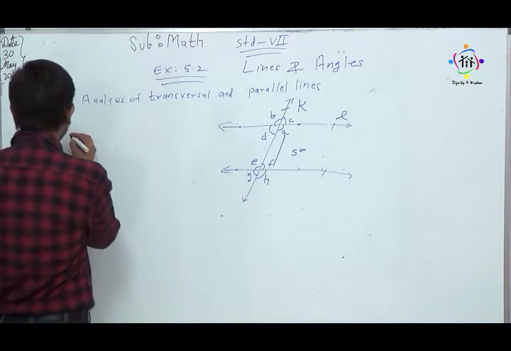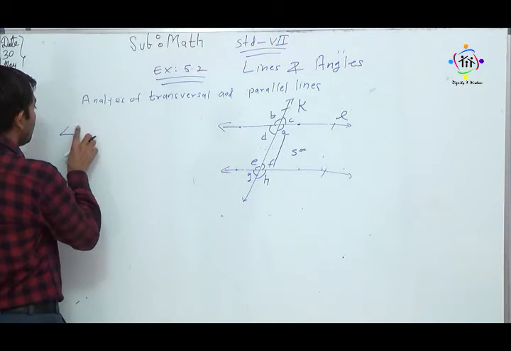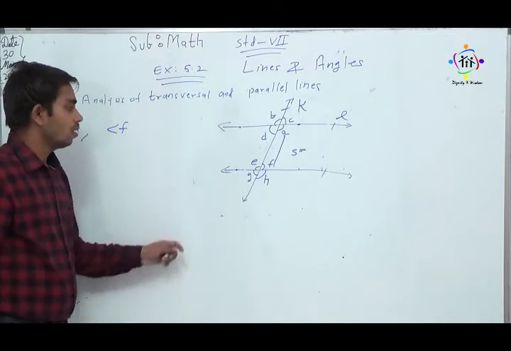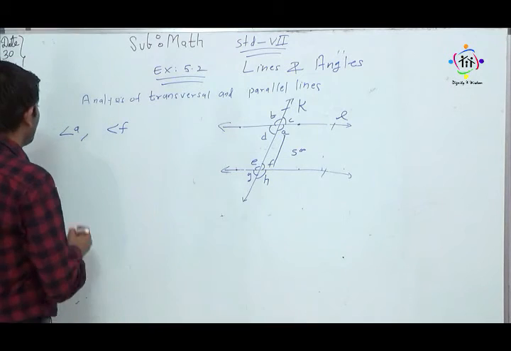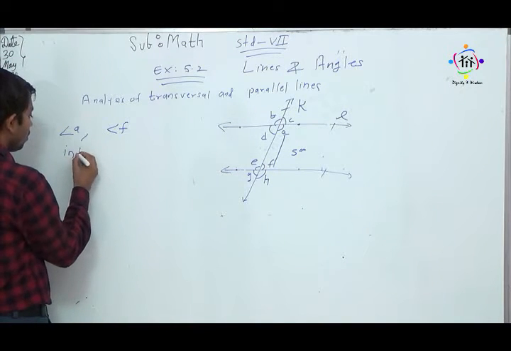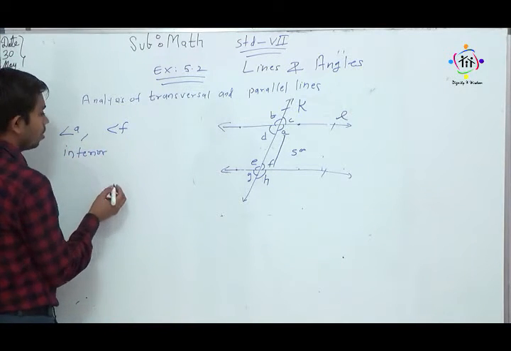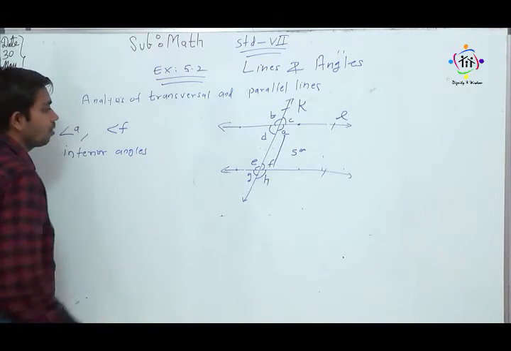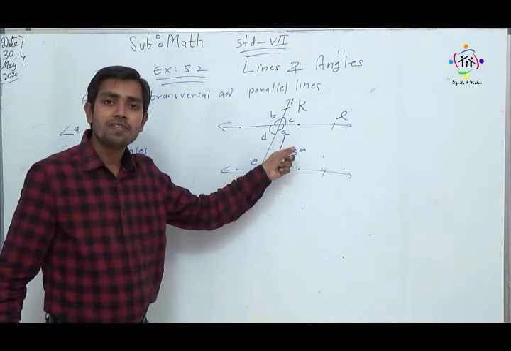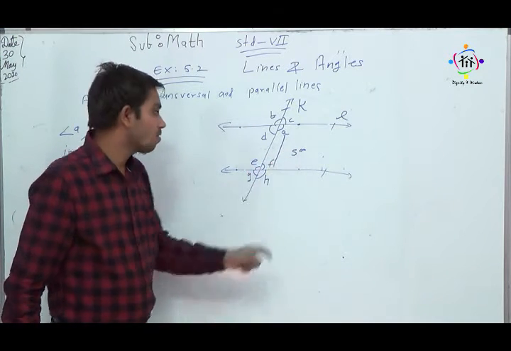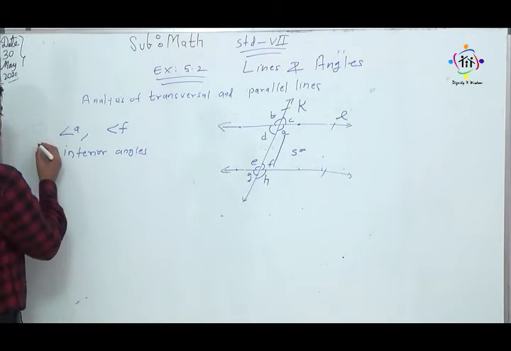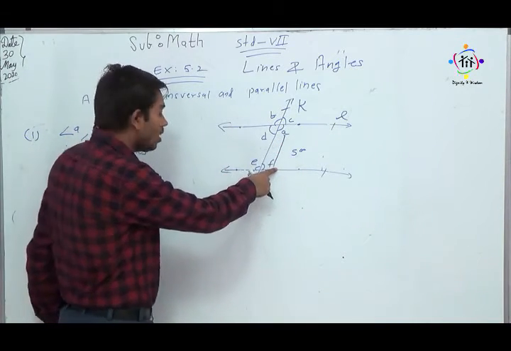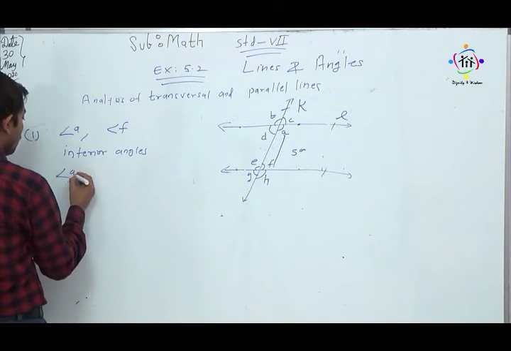Angle F is called an interior angle. These are interior angles, and their sum is always supplementary. So property number 1, these two are interior angles and their sum is always supplementary.